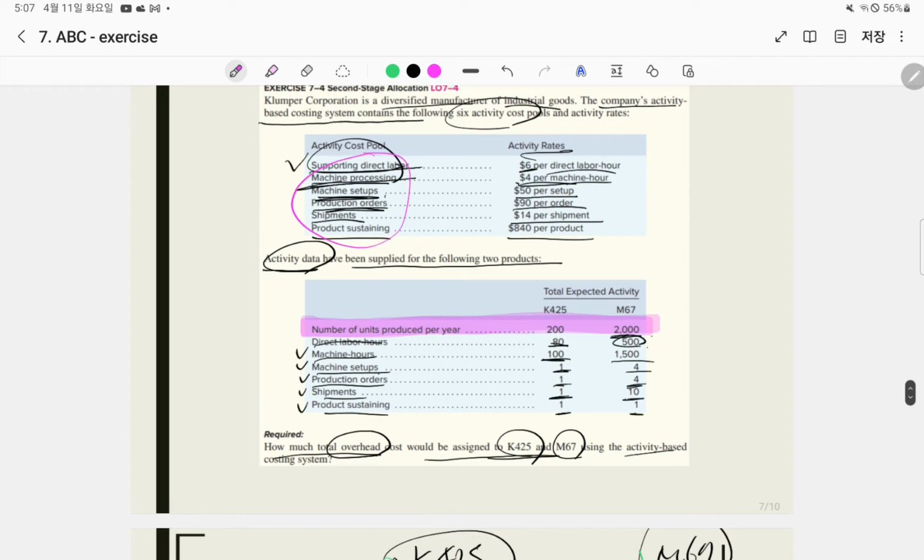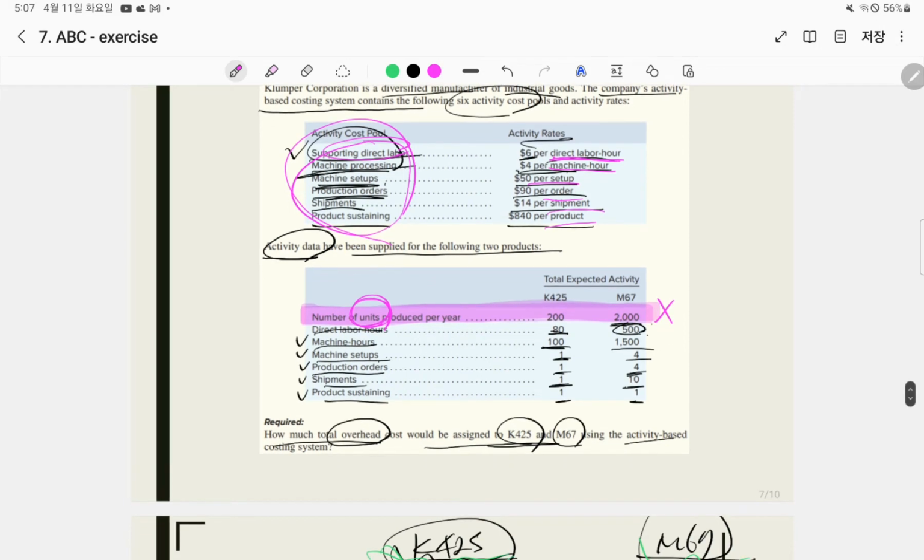Because none of the activities are driven by number of units, right? Each activity is driven by direct labor hours, machine hours, setups, orders, shipments, product, but none of the activities are driven by number of units. So we did not utilize this information. Okay.